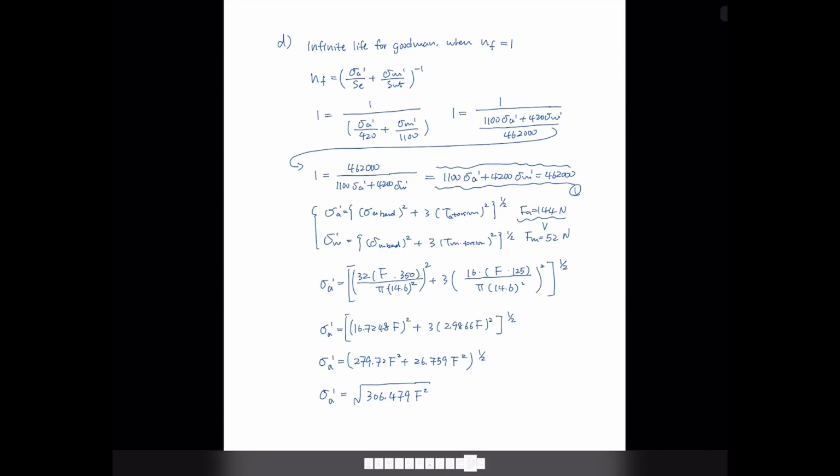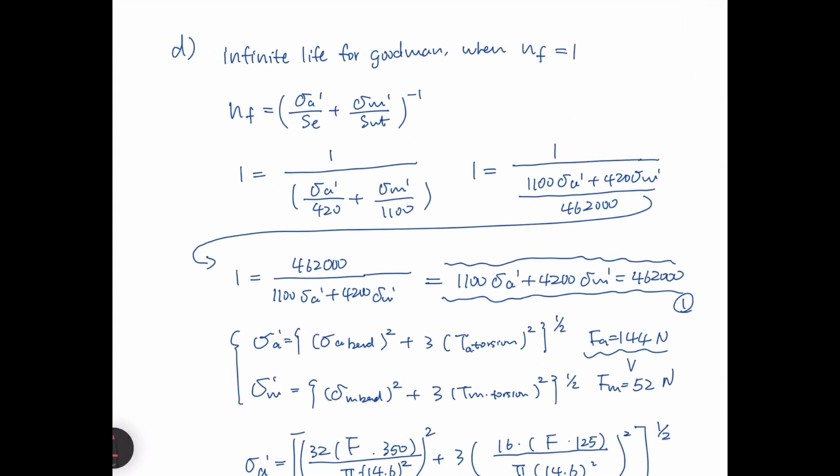And then for part D, we need to find the infinite life for the Goodman. So this means the Nf, the fatigue safety factor, is greater or equal to 1. So let's set n equal to 1 and then work backward. So we use the fatigue equation for Goodman, and because the Se is not changing and the Sut is not changing, we just sub it in, and after we simplify that, we get an equation that only has the stress A prime and stress M prime.